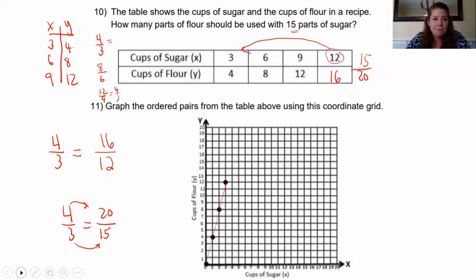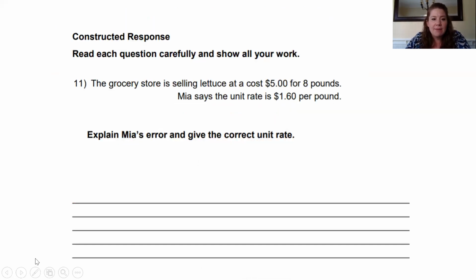Okay, guys? All right, number 11, it says the grocery store is selling lettuce at a cost of $5 for 8 pounds. Well, Mia says the unit rate is $1.60 per pound. Well, obviously Mia made an error because it says to explain her error. So I bet Mia divided the pounds by the cost. But what do we have to, every time, what do we have to do?